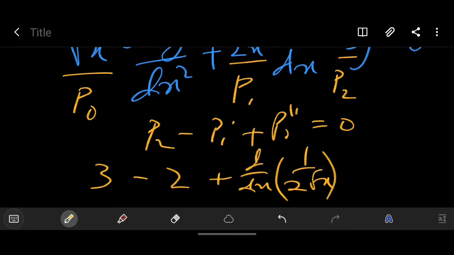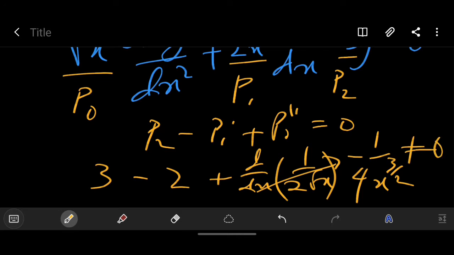If we differentiate this again, it would be minus 1 by 4 x power 3 by 2, I think. So this would not be 0, because 3 minus 2 minus 1 by 4 x power 3 by 2 is never going to be 0. So the condition for exactness is not satisfied.